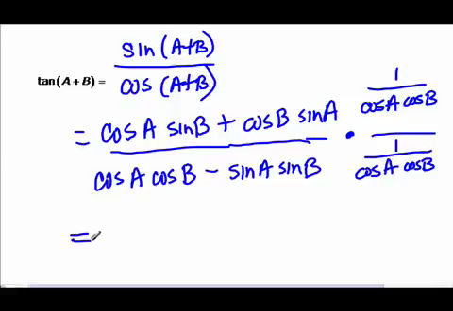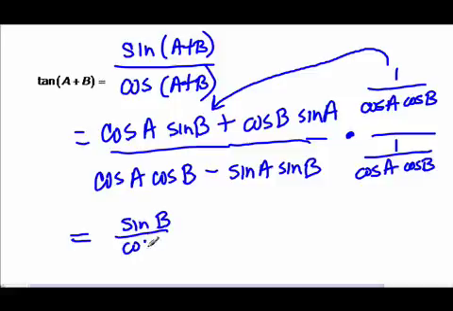We're going to use the distributive property on the top and the bottom. So imagine me taking 1 over cosine A cosine B times this first term. What happens? Cosine A's cancel each other out, and we have sine B over cosine B, right? Plus.